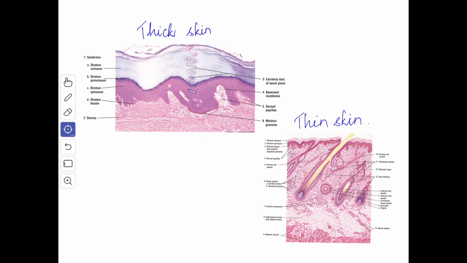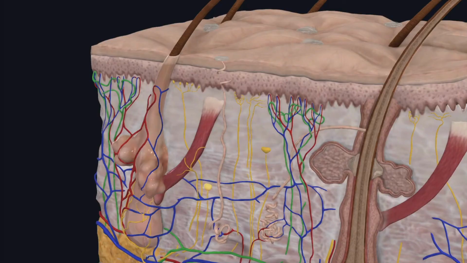Whereas in the thick skin, the epidermis is thick and is made up of keratinized stratified squamous epithelium. The stratum corneum in the thick skin is very thick. The hair follicle and the sebaceous glands are absent. The sweat glands are present in the dermis and are found in the palms of the hand and soles of the feet. Next we'll see about the blood supply of the skin.